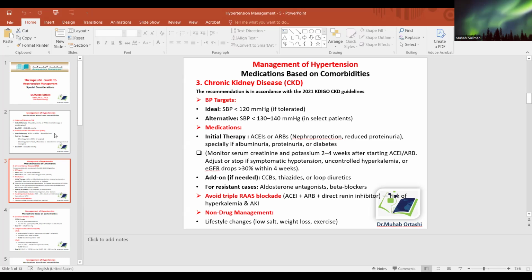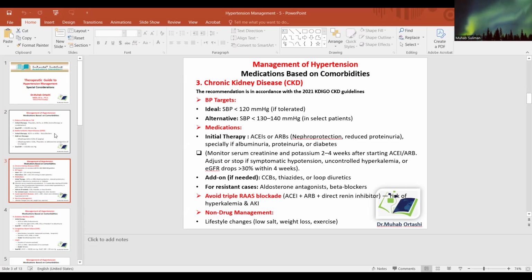Otherwise, we continue on the dose that controls the blood pressure for the patient, and we continue with this drug. Very good drug, but associated with decreased renal function in some patients. Okay.